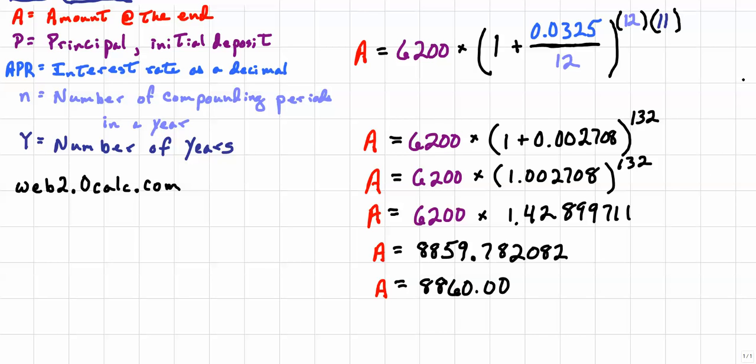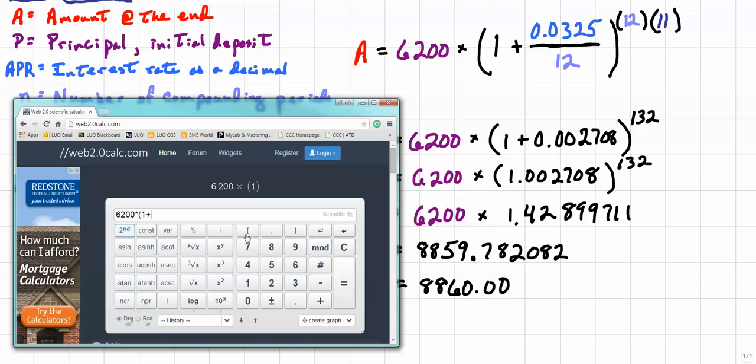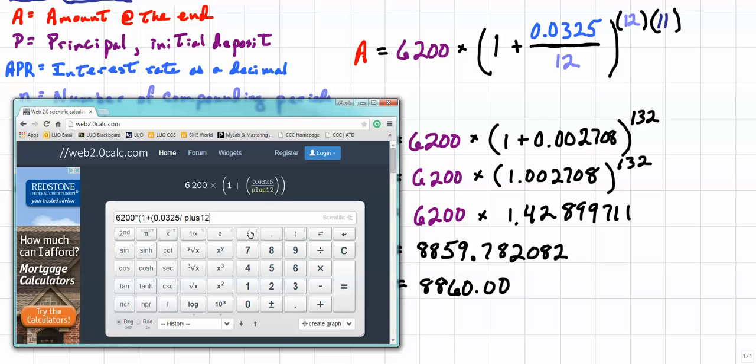Now, if you were to use a calculator and type all of this in at the same time, it would look like the following. We type in 6200, multiply, open parentheses, 1 plus, and then we're going to have to do a fraction here, so I will open another set of parentheses, type in 0.0325, I will divide that, because it is a fraction, by 12.